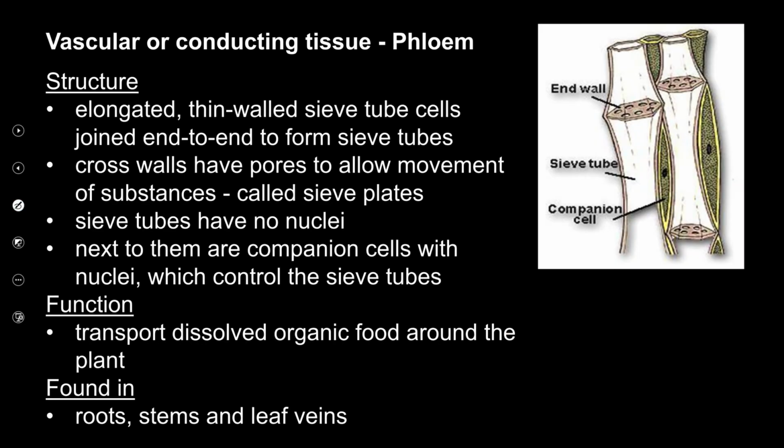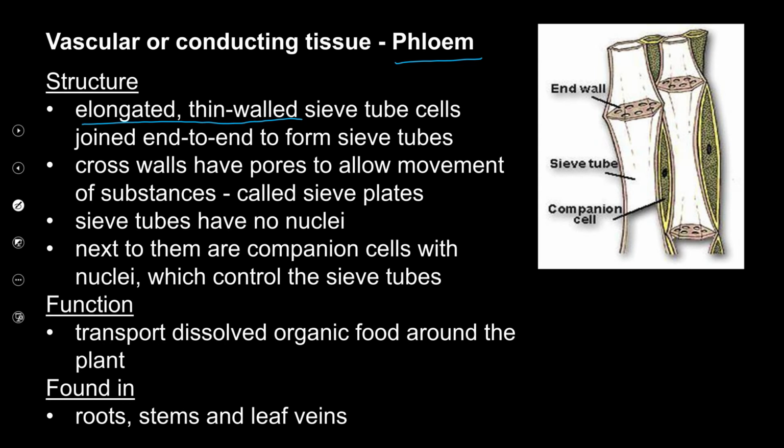Then, to get food from the leaf back down to the roots, because the roots have to live, they need food, there is a special type of tissue called phloem. They're also elongated and they have thin walls, but the cells don't join together.